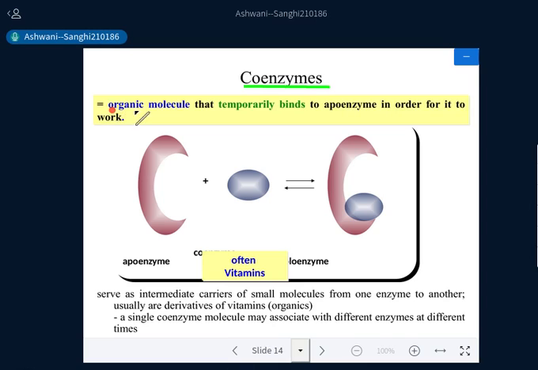These are organic molecules that temporarily bind to the apoenzyme in order for it to do the work. These are vitamins, and these serve as intermediate carriers of small molecules from one enzyme to another. These are vitamins or their derivatives. A single coenzyme molecule may associate with different enzymes at different times.